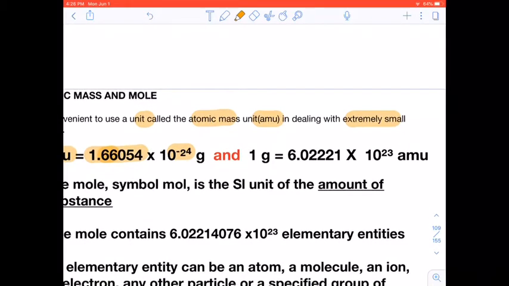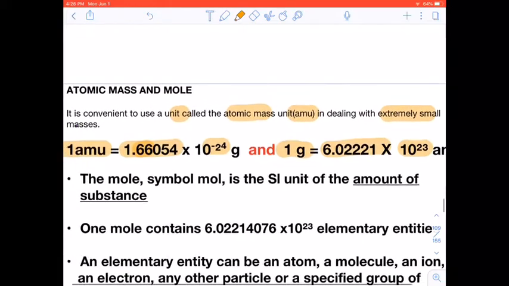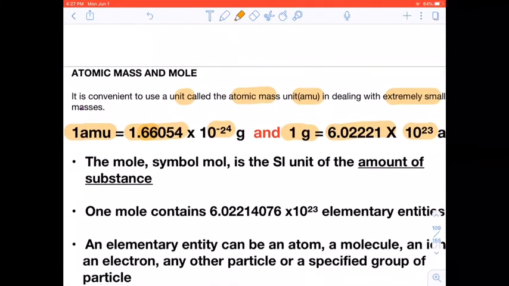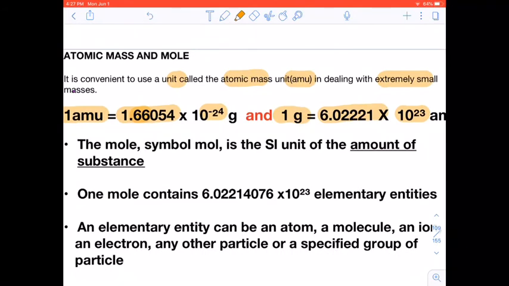And therefore, 1 gram is actually equal to 6.0221 times 10 to the 23 atomic mass units. So many atomic mass units make up 1 gram. Right, and we're going to be using this number, so you need to familiarize yourself with these numbers here.